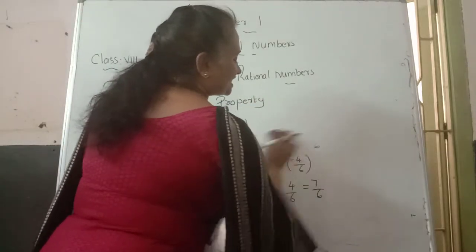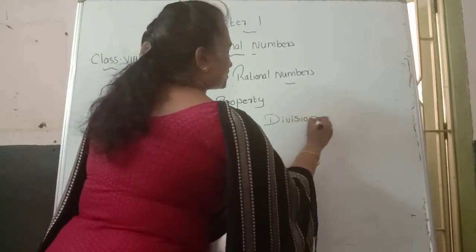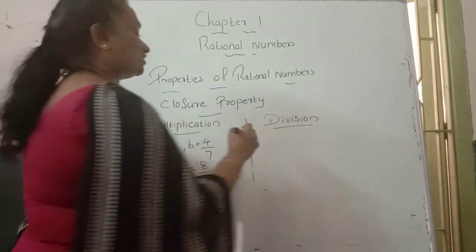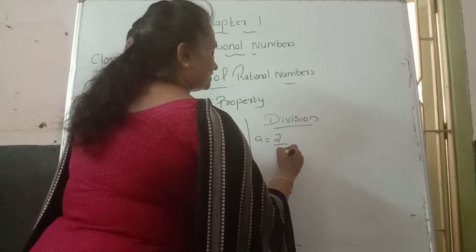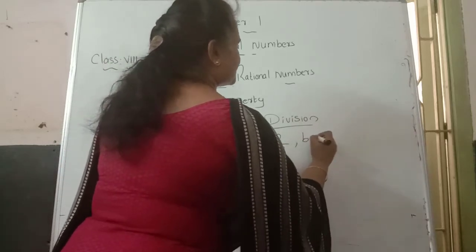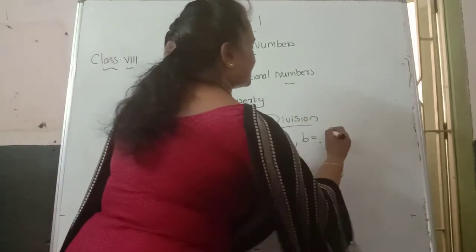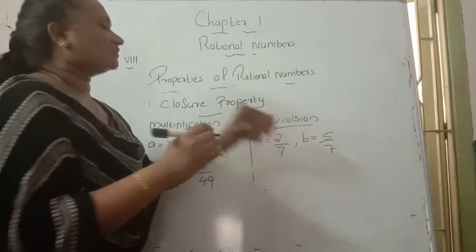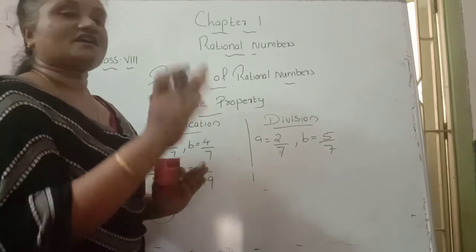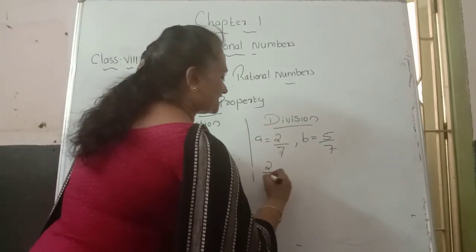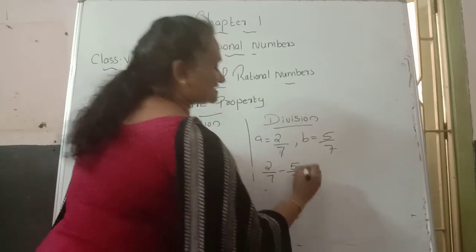Next we are going to check the division case. Is it satisfying or not? Consider a value as 2 by 7 and b value as 5 by 7. In the division case, you know that we take the reciprocal and multiply. 2 by 7 divided by 5 by 7.